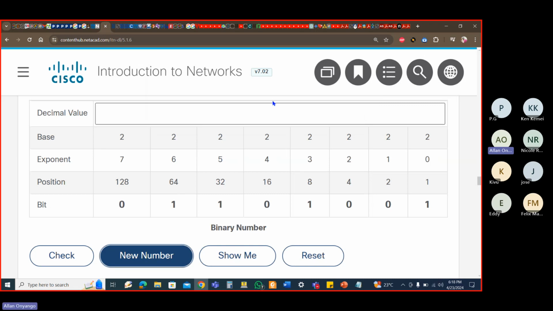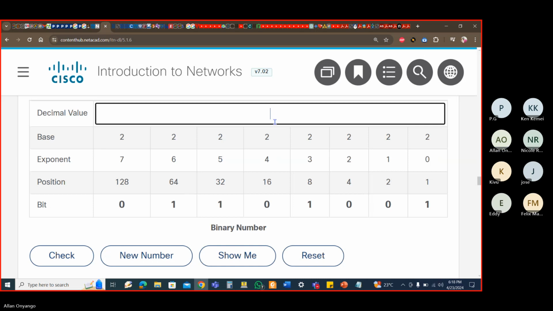I want to put it up here because now we have seen how to do it. You can do it with your pen and paper there. So 64 plus 32 is what? The answer is 105? 107 or 105?